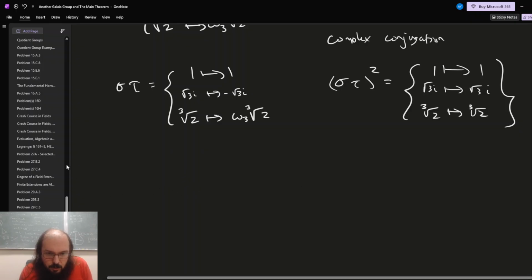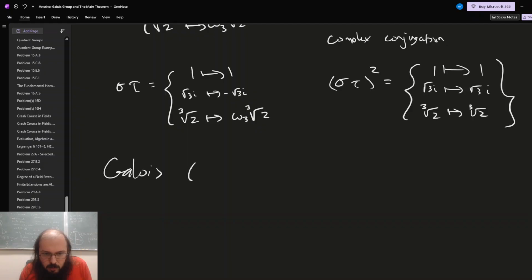This is the so-called Galois correspondence.